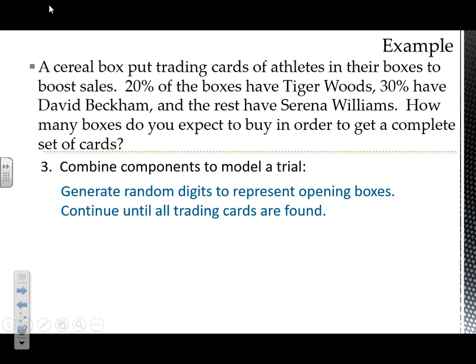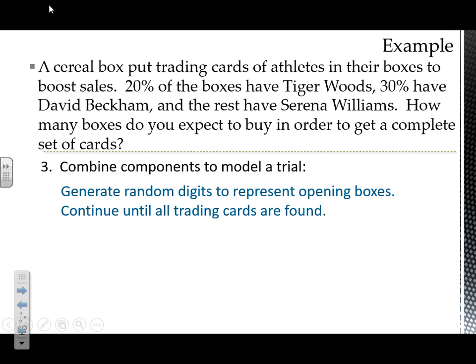Okay? So what is our response variable? What are we looking for overall? The number of boxes we should expect to buy before we find all 3 trading cards, right? So we're looking for how many boxes we would need.